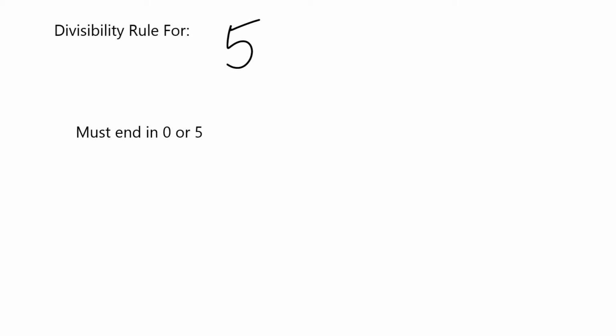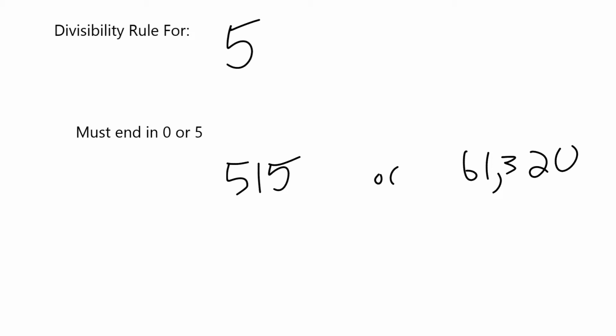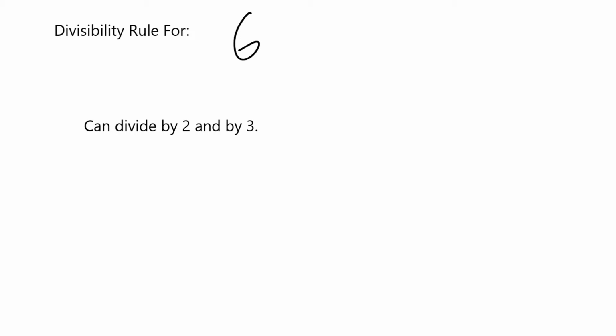The rule for 5 is very easy. In order for a number to be divisible by 5, it must end in 5 or 0. In fact, it doesn't matter how large it is, as long as the number ends in 5 or in 0, it will be divisible by 5. The rule for 6 is really just based on 2 and 3.